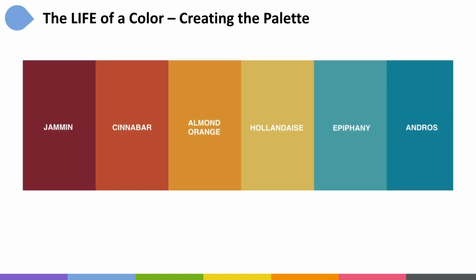One of the first steps is let's take ownership of this palette. Let's give it not only its Pantone number and stuff like that, but let's give them names, because let's make this a unique version to us. It also helps in communication.